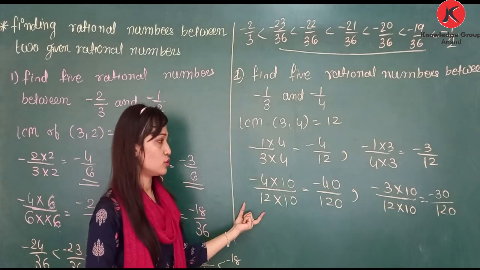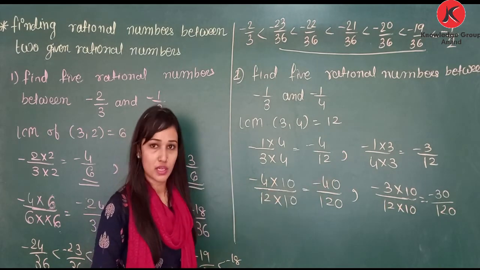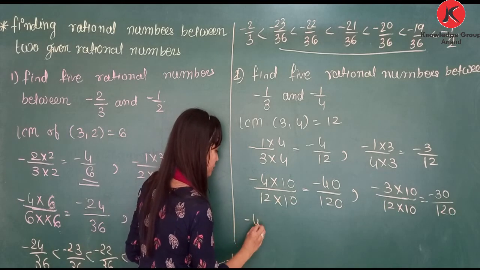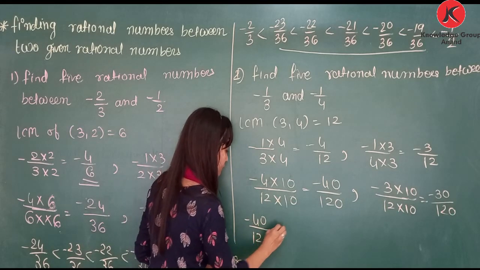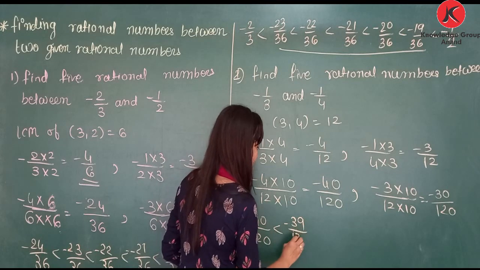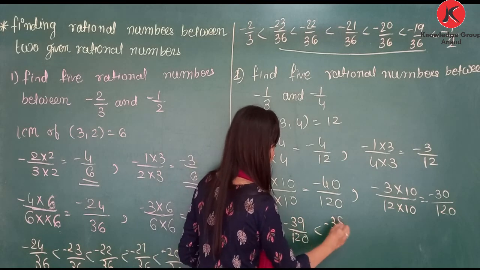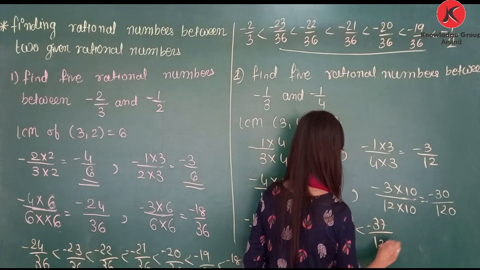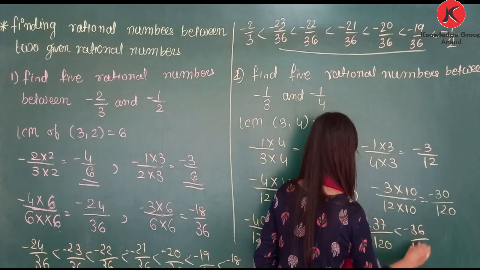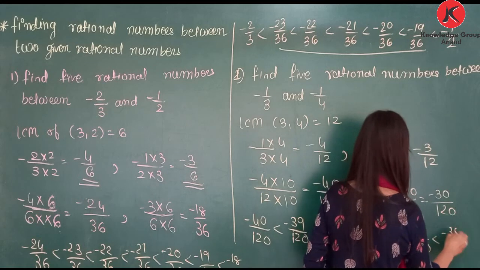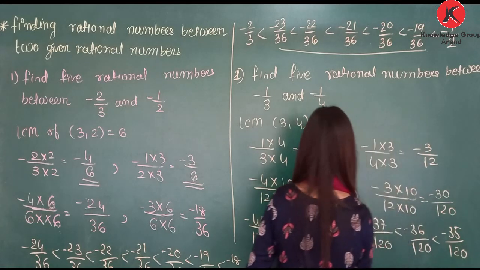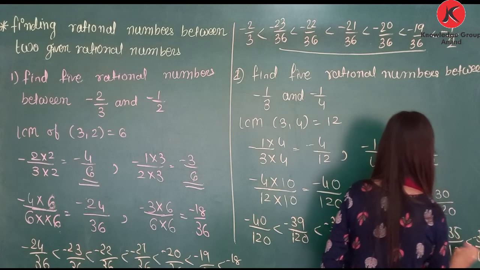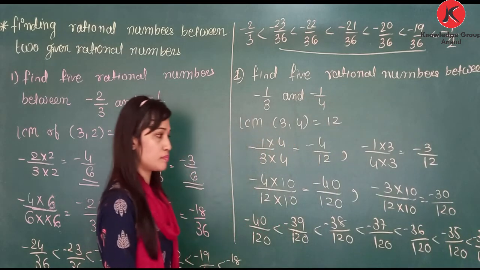Now we have 5 rational numbers between minus 40 and minus 30. So use any 5 rational numbers, like minus 39 by 120. Again you can take any number. After minus 35 I write minus 30 by 120.